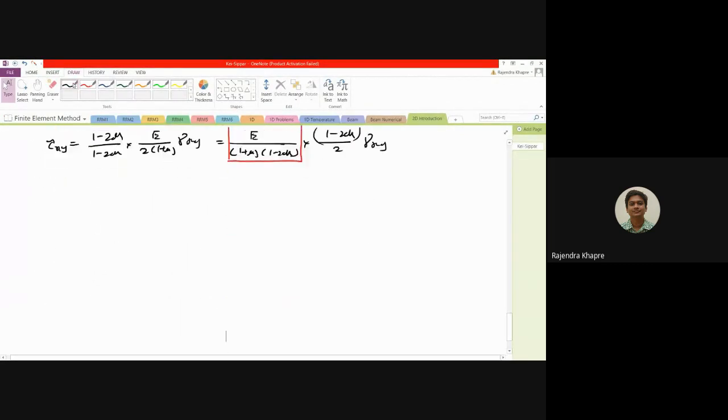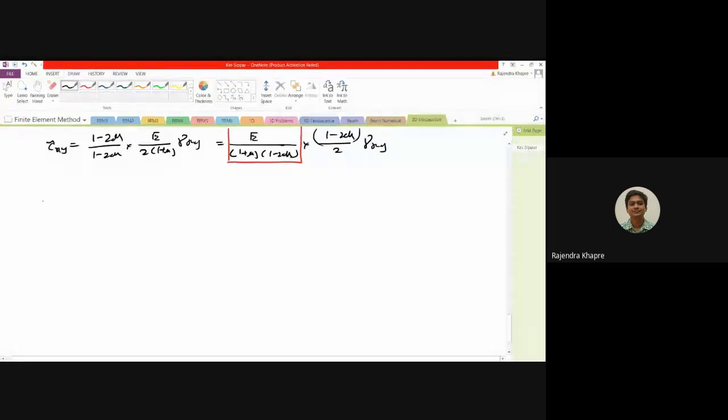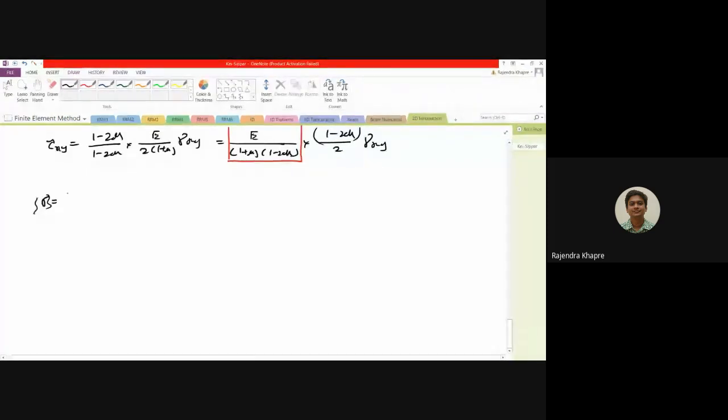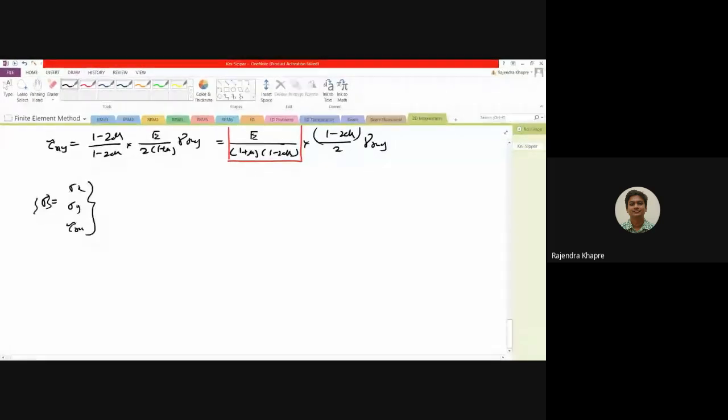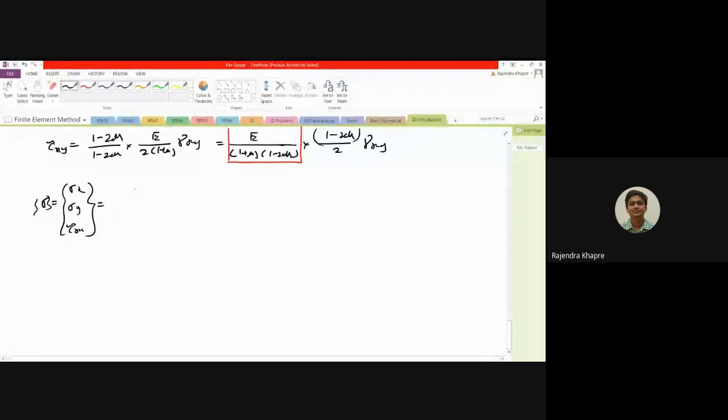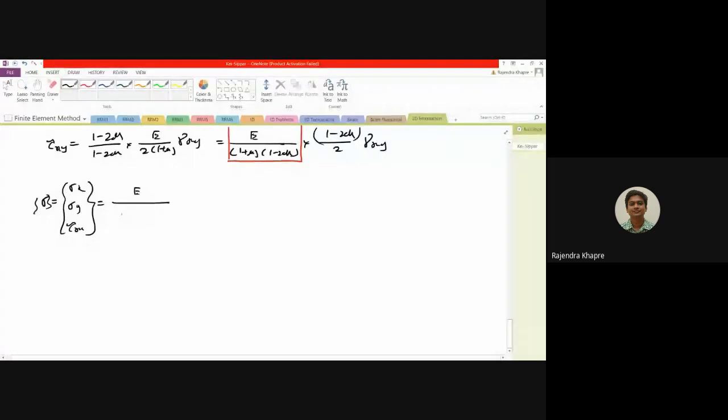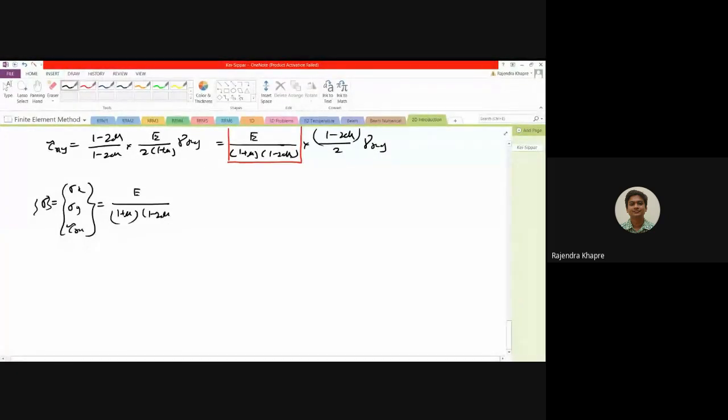Now you have the sigma term. Sigma will now have three components: one is sigma x, one is sigma y, and one is tau xy. This can be written in a simple form, that is E, which is a constant, so this is 1 plus mu and this will be 1 minus 2 times mu.